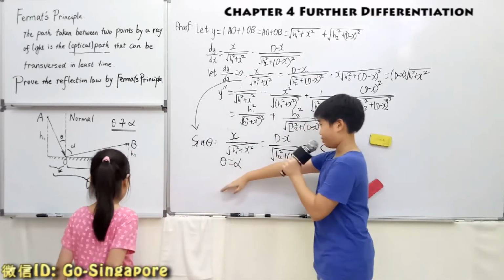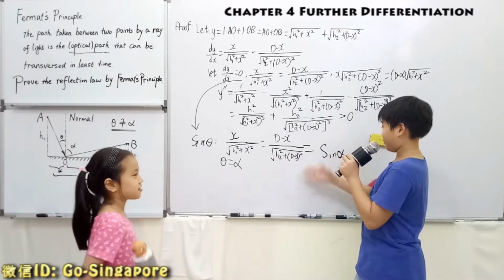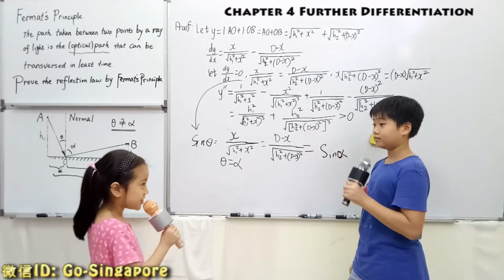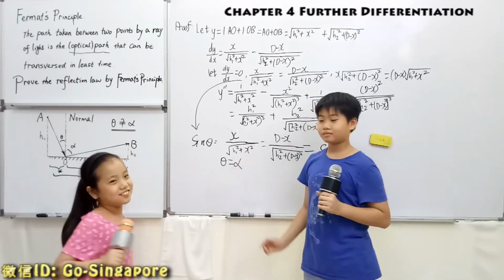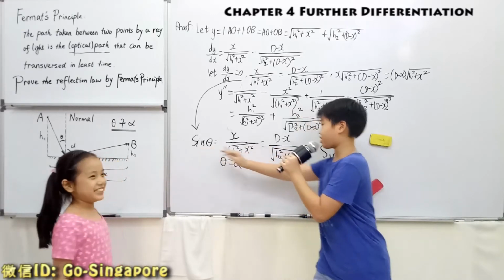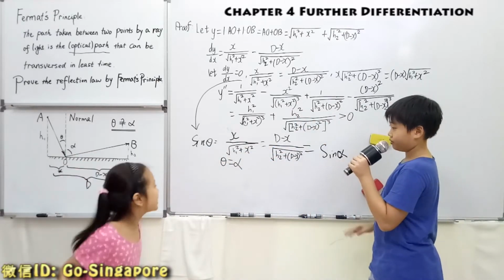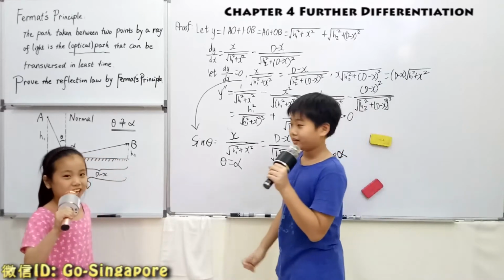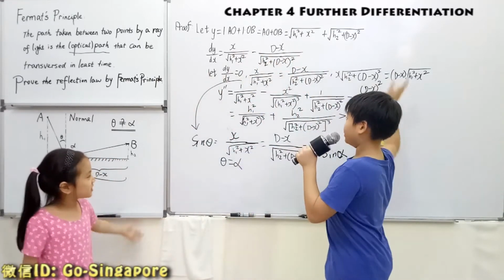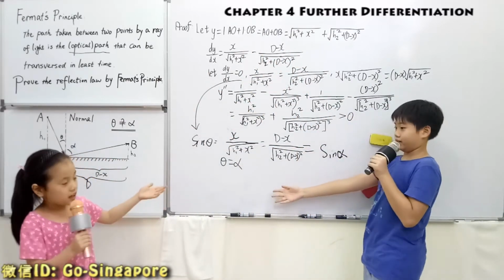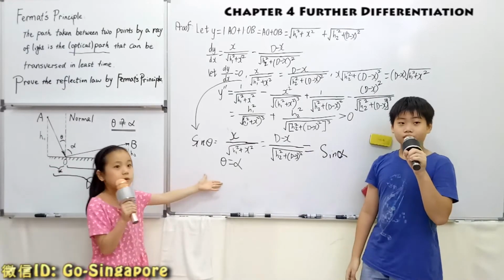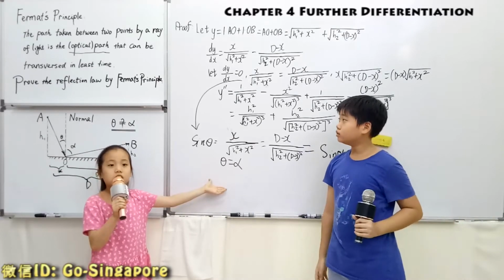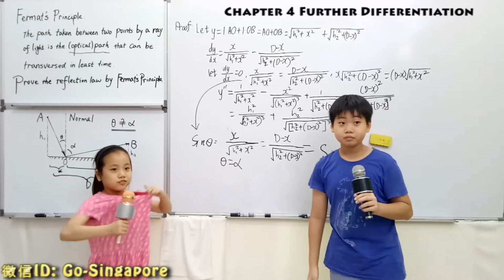So sometimes you just have to think more and the question can be easier. Correct? Yes, think more and be smart. Okay, so sin theta, sin alpha, they're the same, right? Okay. So this is how you should prove this, okay? So take a look, okay? Yes, and remember, try to find the shortcut.